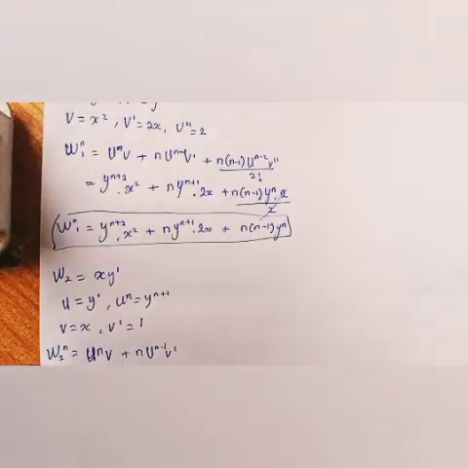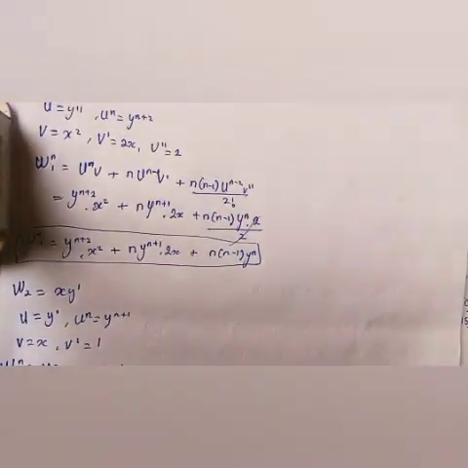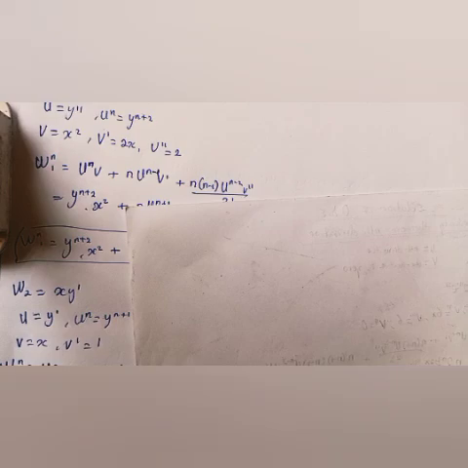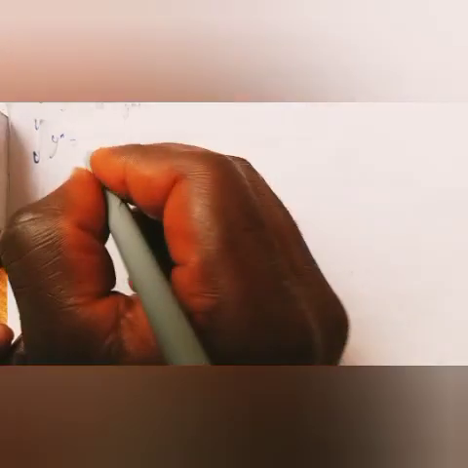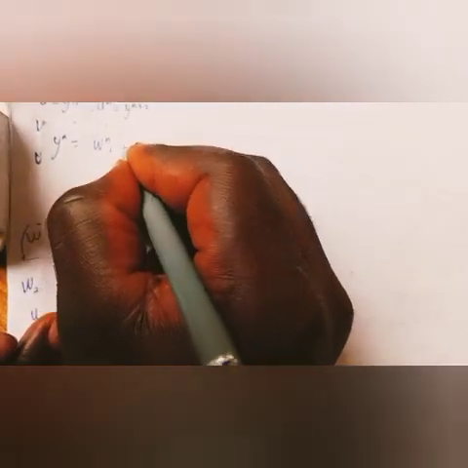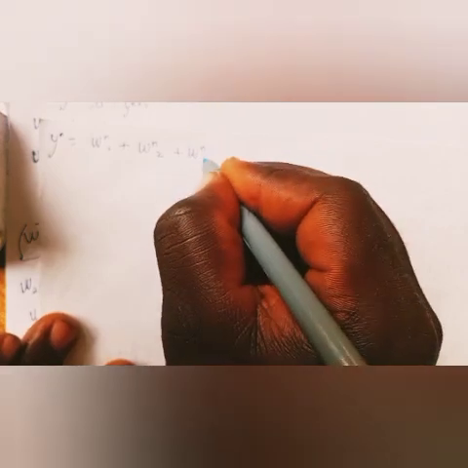So what we're going to do is combine everything together. My yⁿ now will equal w^(n)1 plus w^(n)2 plus w^(n)3.